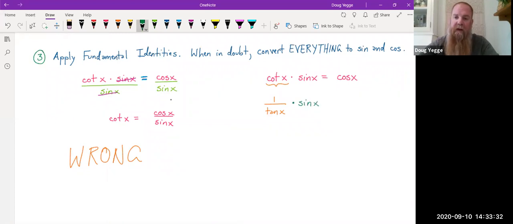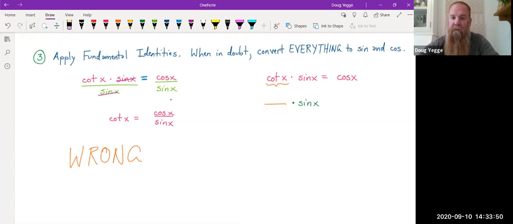But notice I'm not keeping in mind the goal. My goal is to somehow get cosine x. So although I could have used that identity, that quotient identity, or the reciprocal identity, it didn't help me because I don't see any cosine x's still.